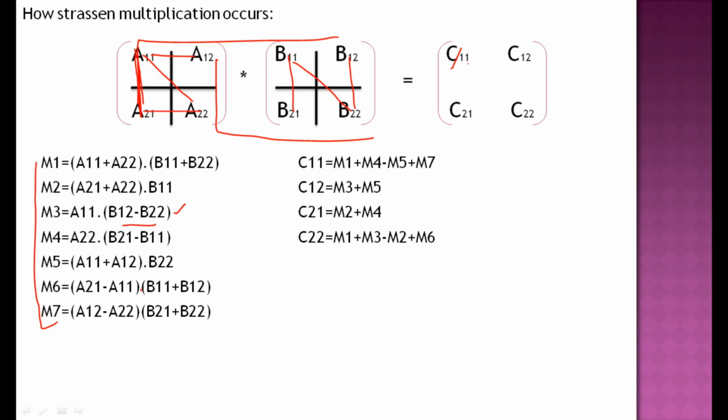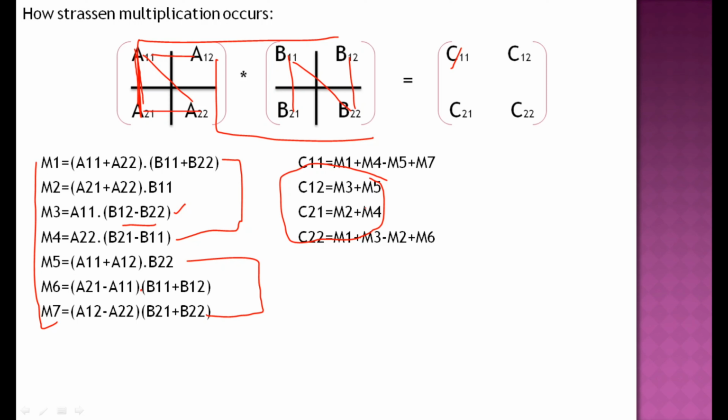So for getting C11, we are adding m1 plus m4 minus m5 plus m7. So C11 is m1 plus m4 minus m5 plus m7. Next, coming to C12 and C21, which are taken as one set.